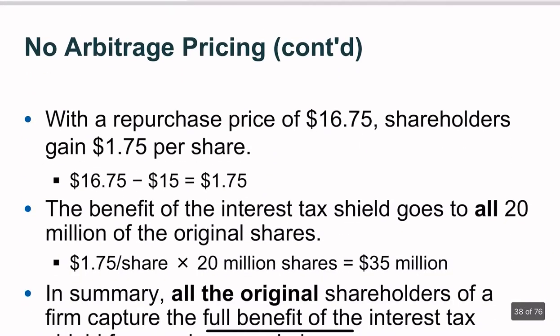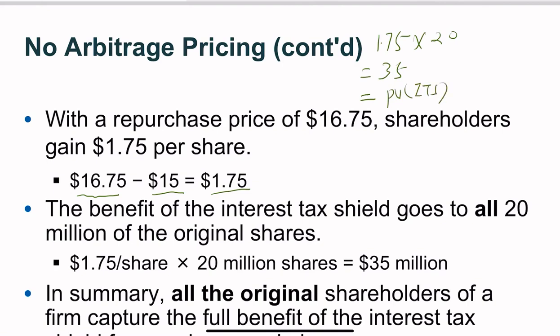So basically you can see that the shareholders' gain would be 16.75 minus the original share price 15. Obviously, if you use 1.75, which is every shareholder's gain, times the total number of shares, this gives you 35, which is exactly the present value of interest tax shield.